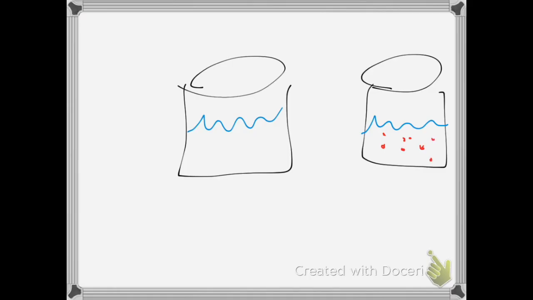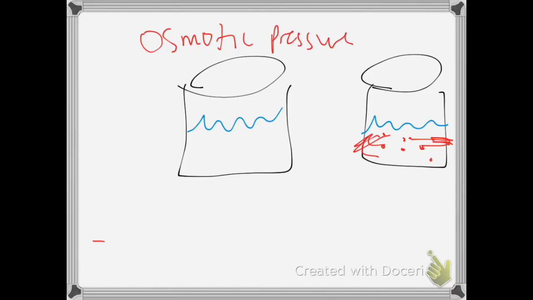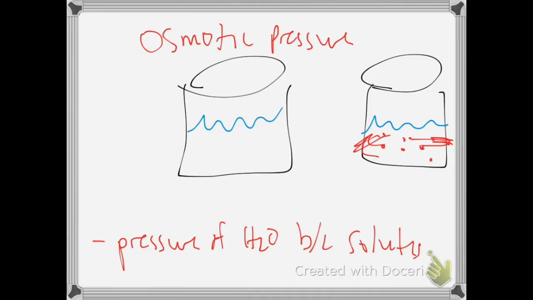So if they're moving around and they're hitting the walls, they're suspended in fluid, so really the water's hitting the walls. So this is creating some sort of pressure. This is called osmotic pressure. Osmotic pressure is the pressure of water, because solutes are dissolved in it.